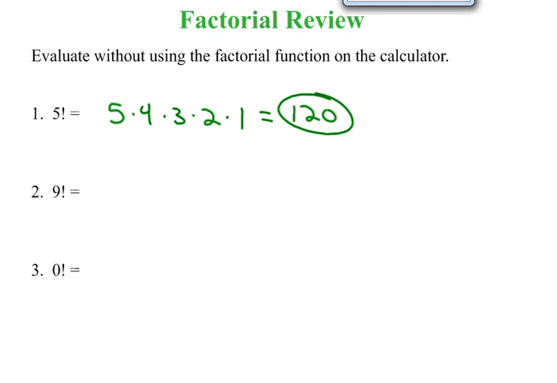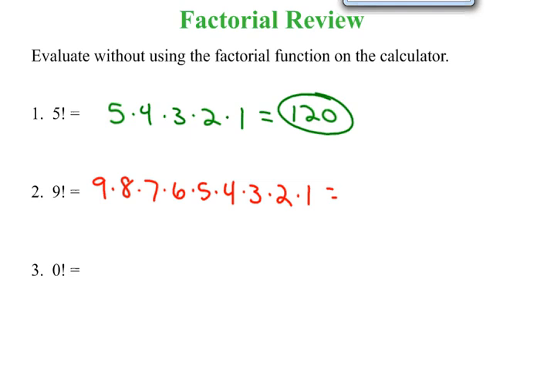9 factorial would be 9 times 8 times 7 times 6 times 5 times 4 times 3 times 2 times 1. Could multiply all those numbers out. That wouldn't be that hard. But there's a factorial function on the calculator.